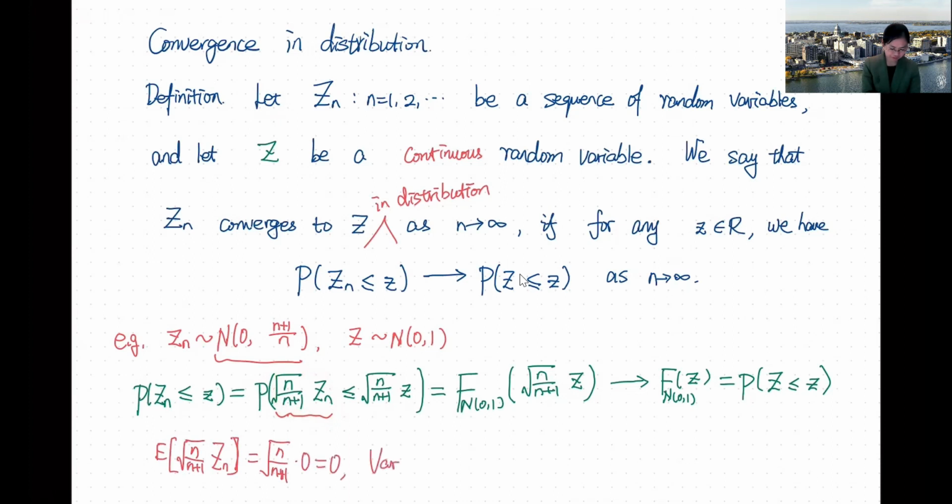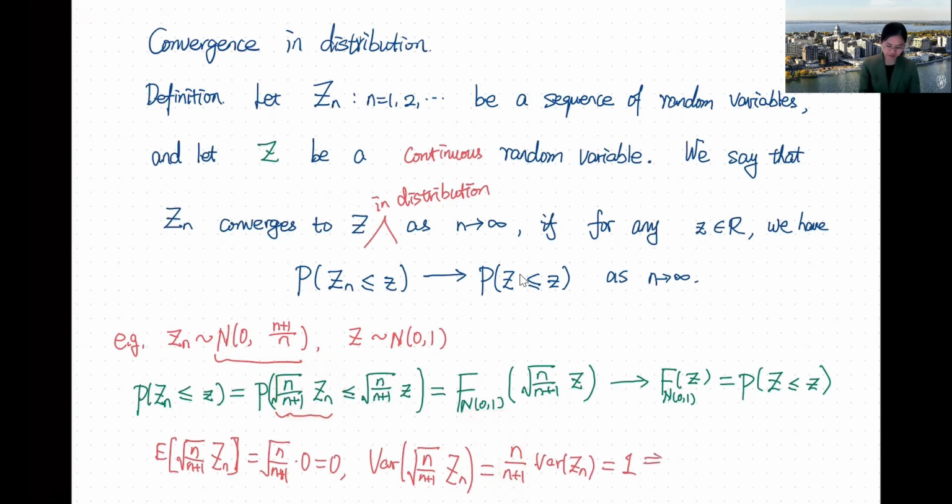And the variance of that constant times Zn equals the square of that constant times the variance of Zn, which is 1, because the variance of Zn is the inverse of this constant. So this random variable is standard normal distributed.